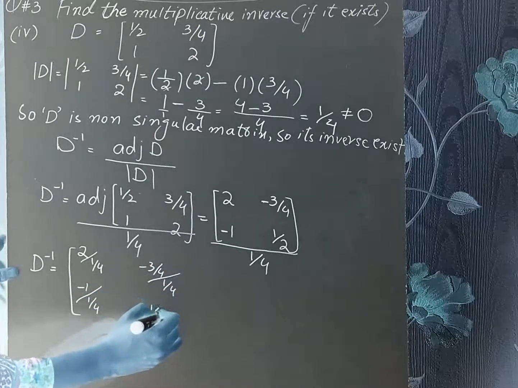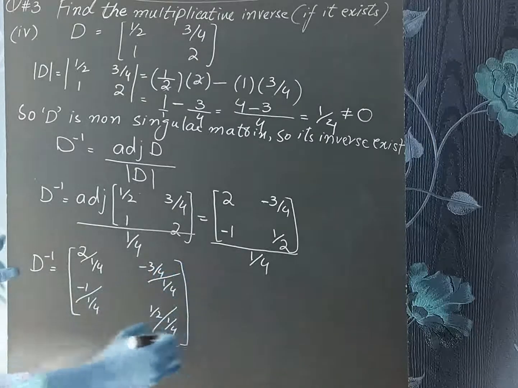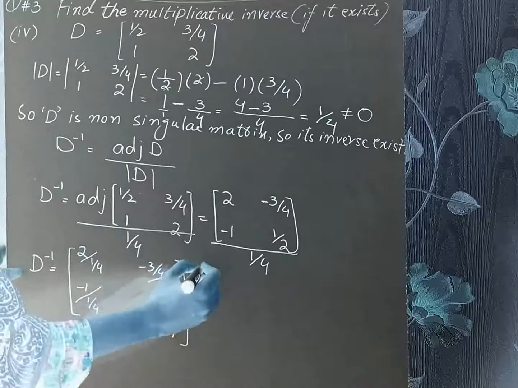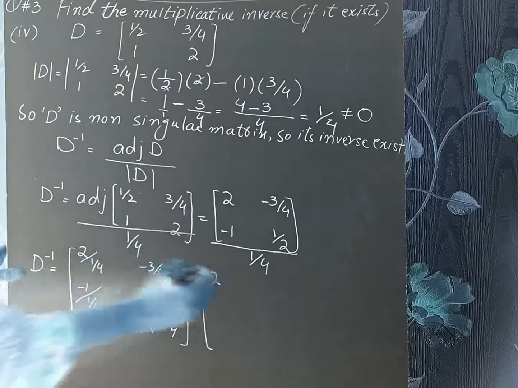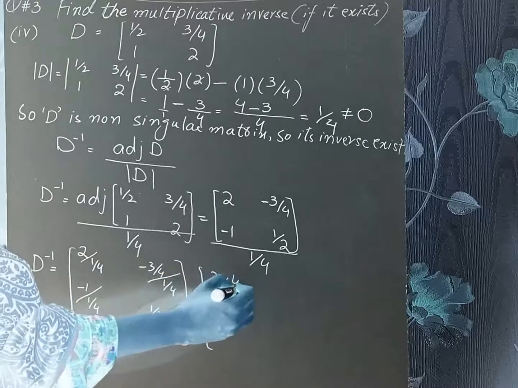And 1 over 2 is divided by 1 over 4. Now we'll simplify. If there is division, we can change the division into multiplication and take the reciprocal of the next expression. So 2 is the numerator, I will write as it is. Division is changed into multiplication, and 1 over 4 will now be 4 over 1.